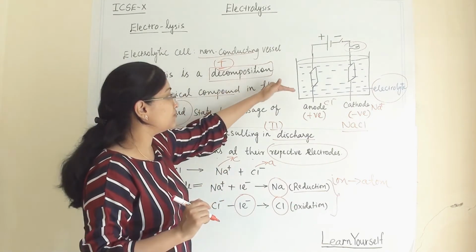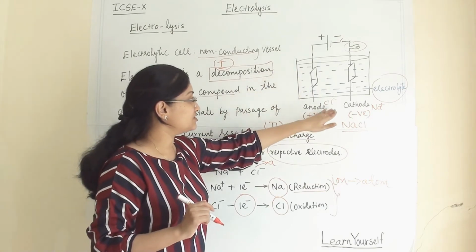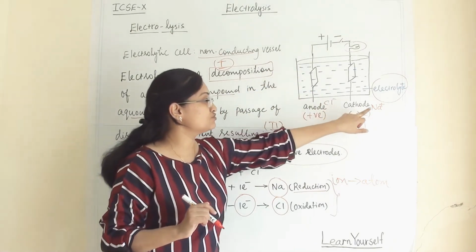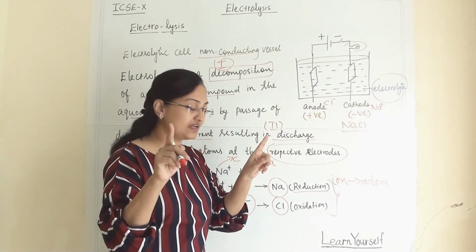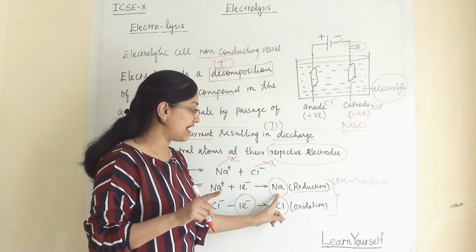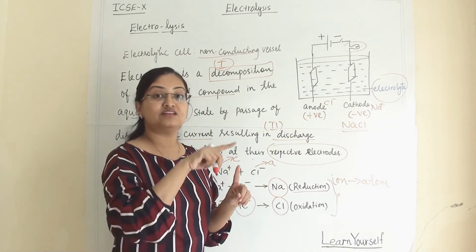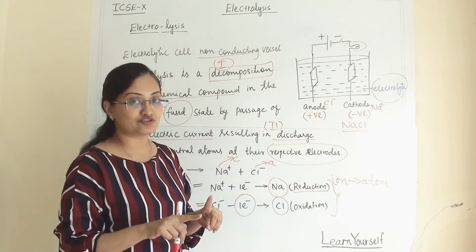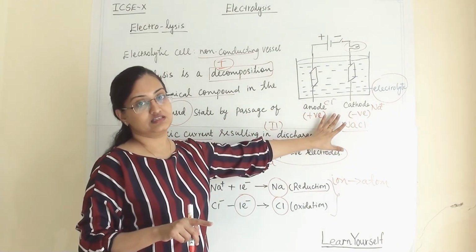Whatever compound is the electrolyte will dissociate into its ions, which move towards their respective electrodes and form atoms. This complete process is known as the cell reaction, and the process is known as electrolysis.